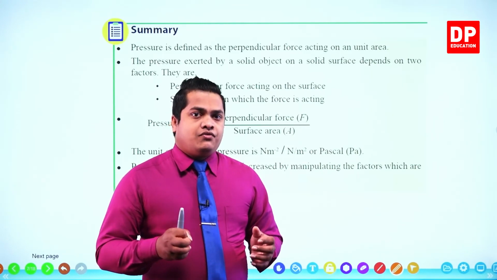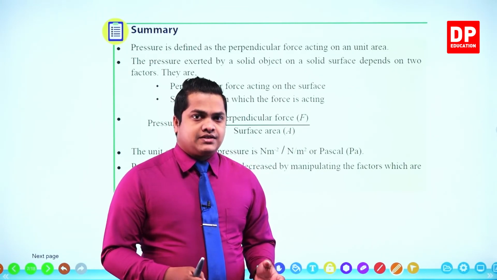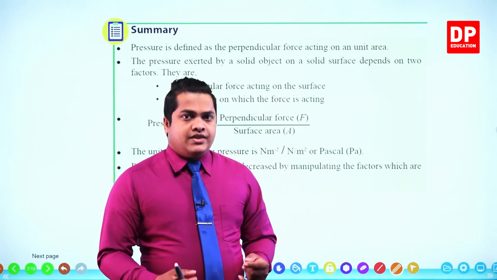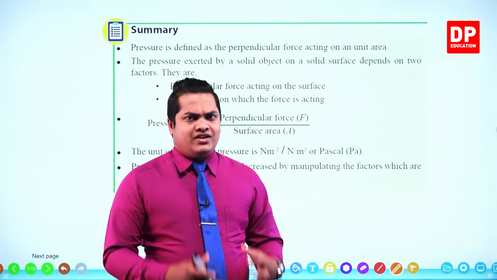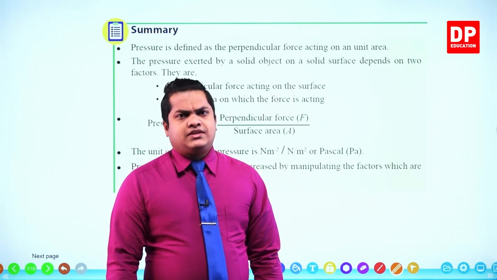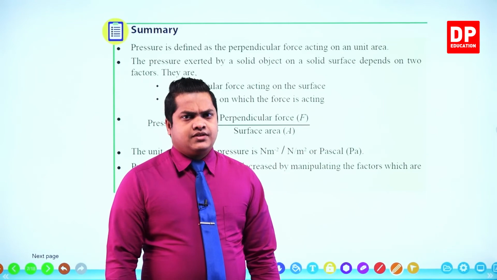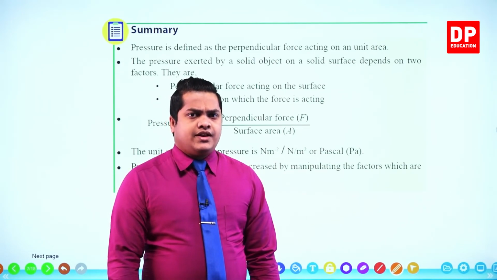Then we found out that pressure can be measured using the units called Pascal and Newtons per square meter. Then we changed the factors affecting the pressure to make our day-to-day work easy. Okay. So, those are the things that we learned within this lesson. Right. So, we have come to the end of the theoretical parts related to the pressure lesson.